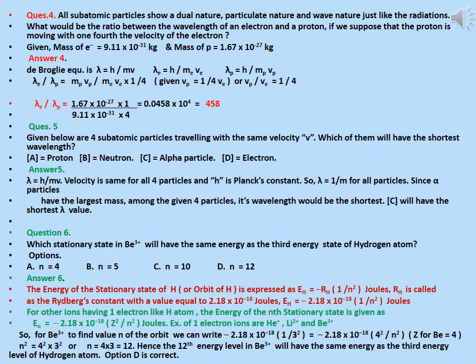Now, what is Z? Z is the atomic number of the one electron species. Examples of one electron ions are He plus, Li2 plus, Be3 plus.